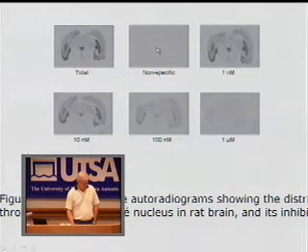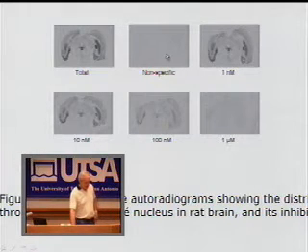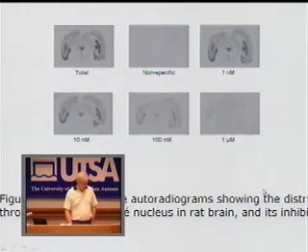So we see the non-specific binding is low, and the 1 nanomolar is less effective at preventing the binding than is the 10 versus the 100, and the 1 micromolar prevents all binding, brings it down to the non-specific level.